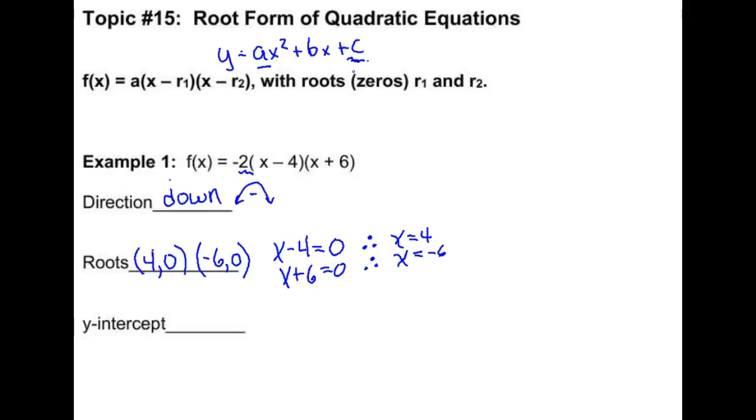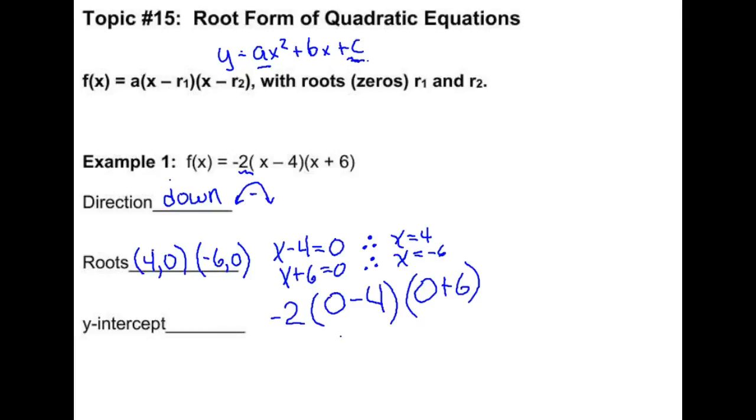Well, in this one, we're not going to come up with many nasty fractions. What happens is we have negative 2, and we know that at the y-intercept, x is equal to 0. So we're going to plug 0 into our formula, and we've got 0 minus 4, and we have 0 plus 6.